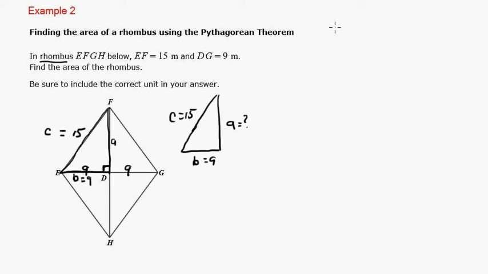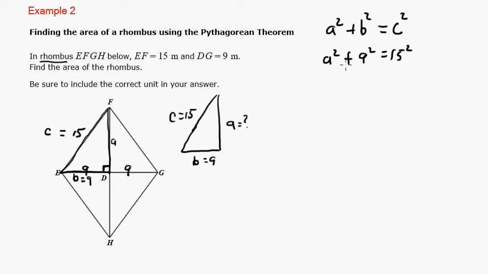What we do know is A squared plus B squared, these sides, is equal to the hypotenuse, the diagonal there, C squared. So A is a variable, B squared is 9 squared, and C squared is 15 squared.